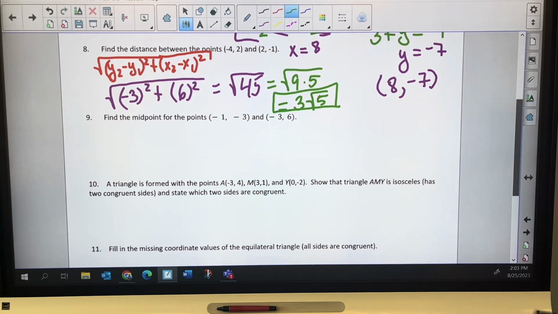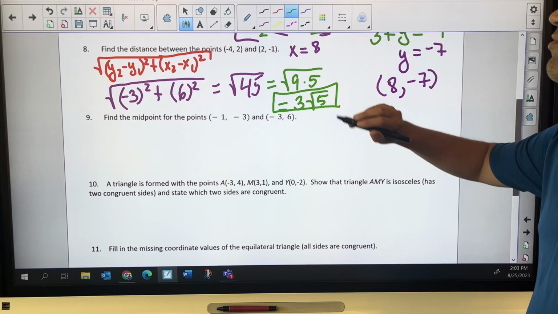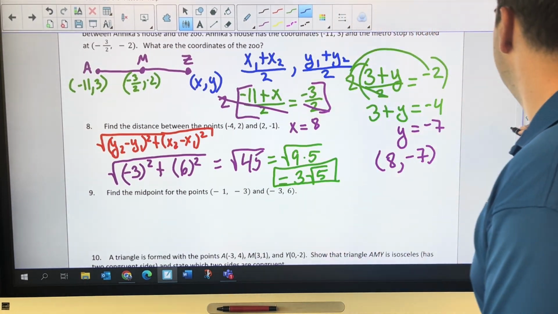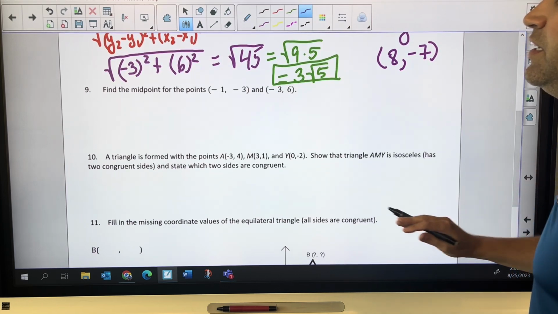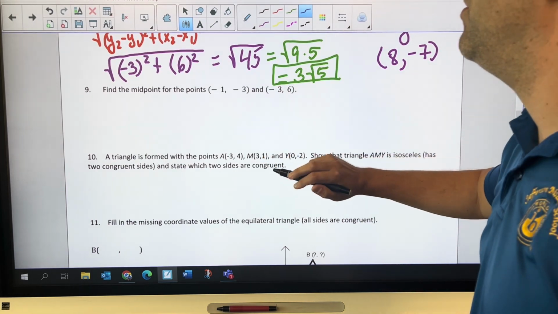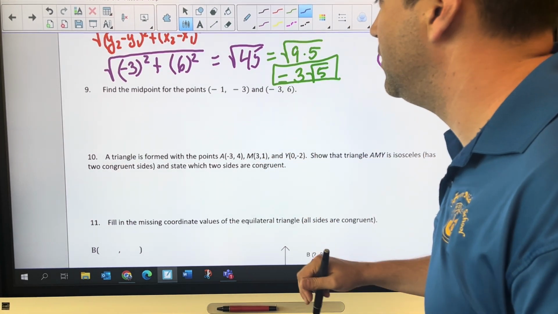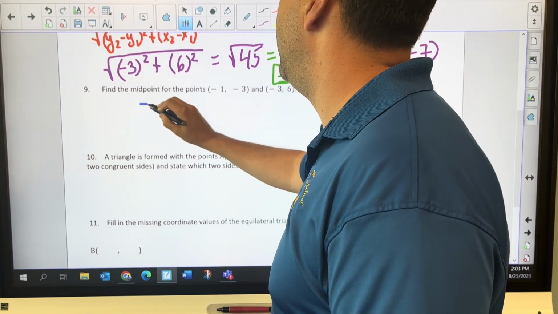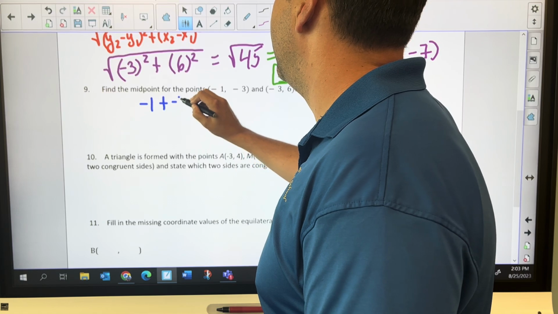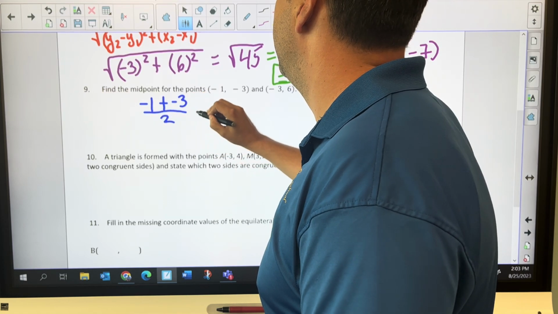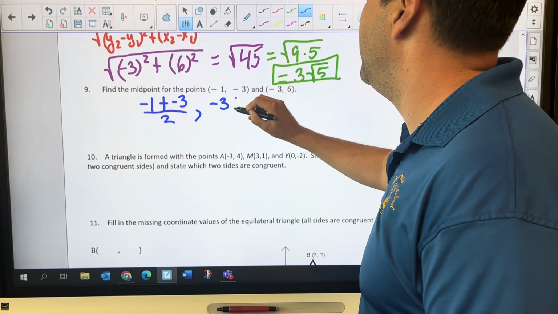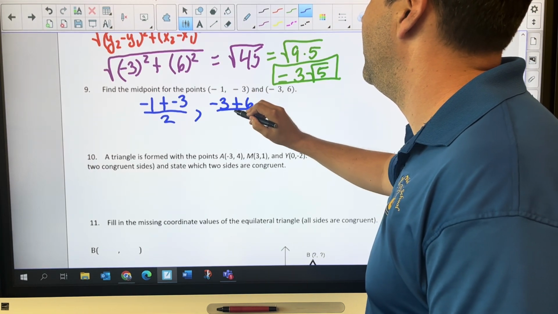Finding the midpoint, this is straight up application of that midpoint formula. Jumped around on me a little bit. All right, sorry. Straight up application of that midpoint formula. So we're going to average those numbers together. We're going to go x's first. -1 plus -3 divided by 2, comma, -3 plus 6 divided by 2.